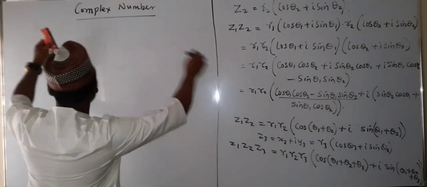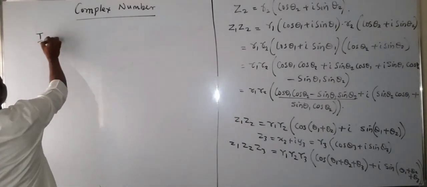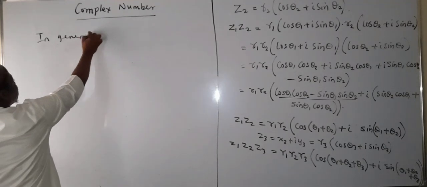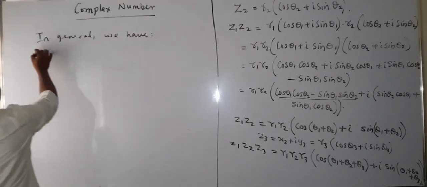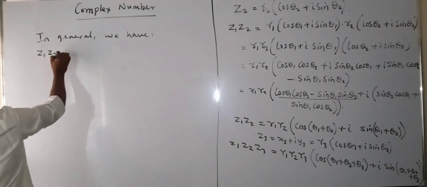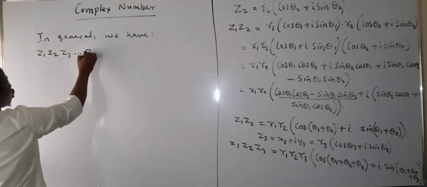Now, in general, we have z1, z2, z3 up to zn.